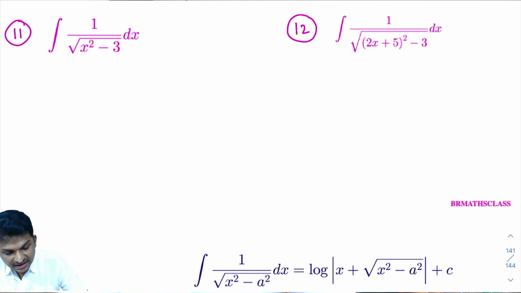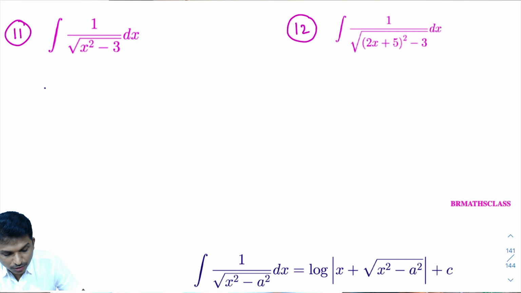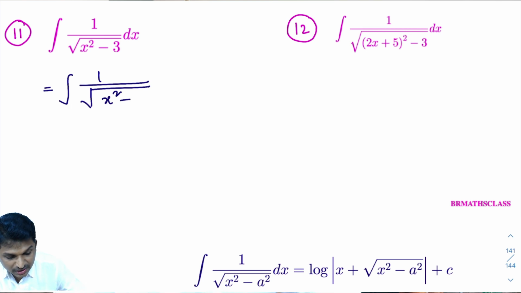Okay. First thing is, it is in the form of x square minus a square. Look here, 3 is there. This is not a square. Can I write 3 in the form of a square so that I can easily identify a? Yes. What form is it? Integral of 1 divided by root over x square minus a square. This 3 I want in the form of a square. This 3 can be written as root 3 whole square dx.